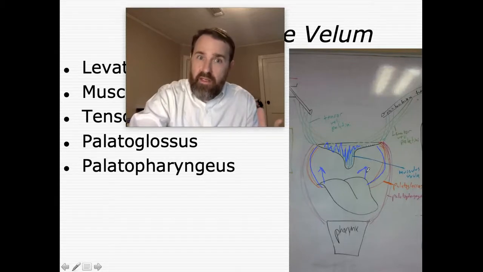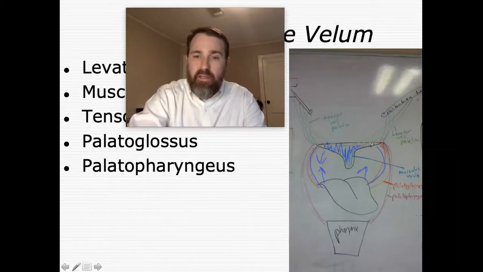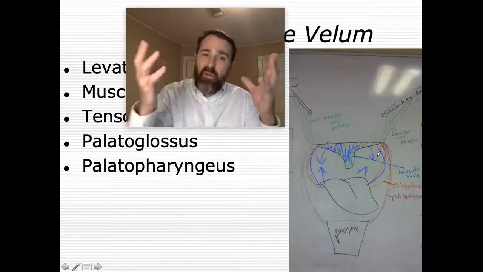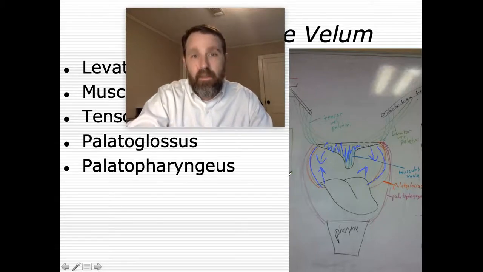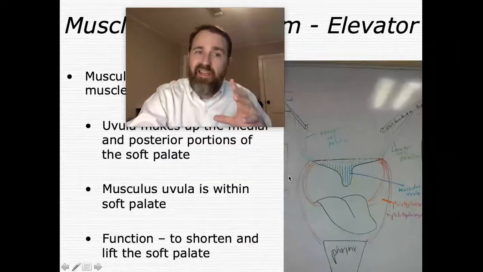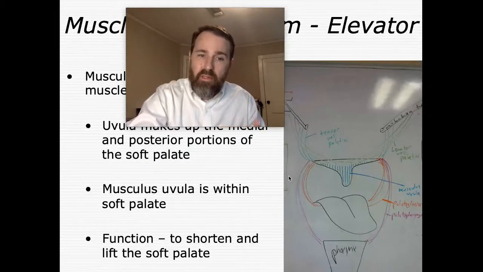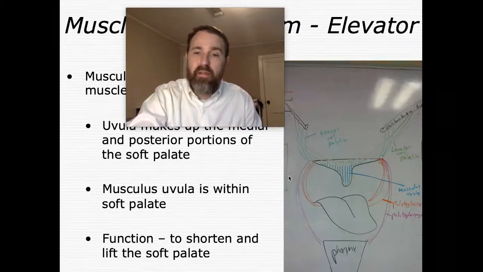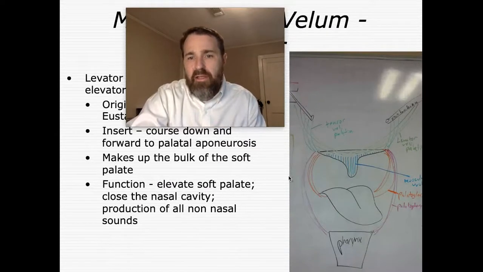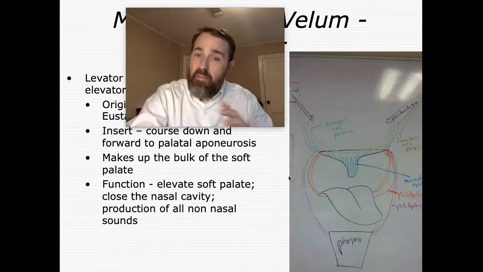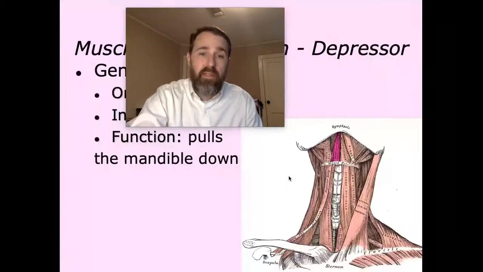Or the tongue is going to stay in its place, and the palatoglossus is going to contract to pull down on the velum, thereby assisting in opening the velopharyngeal port by lowering the velum. And we're going to come back to the palatoglossus when we talk about the muscles of the velum here momentarily.